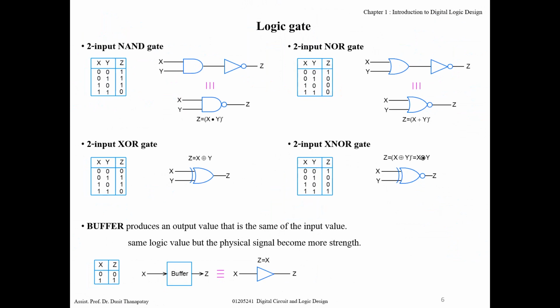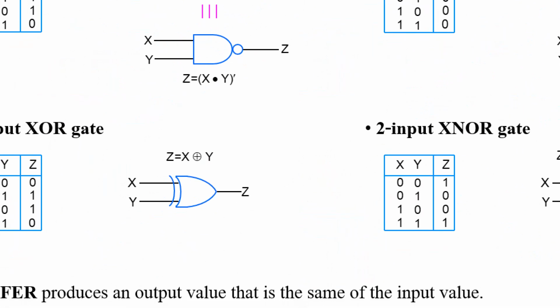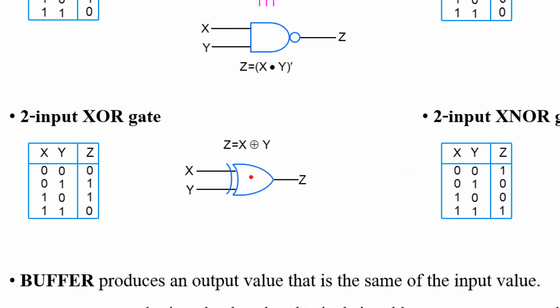Please take note. For the logic symbol, we use the OR symbol and add this curve at the input for the XOR gate. For the mathematical expression, we add a circle around the plus sign for the XOR operator.